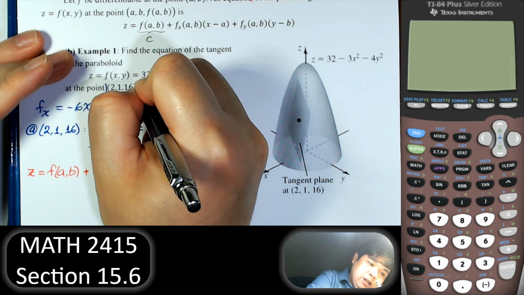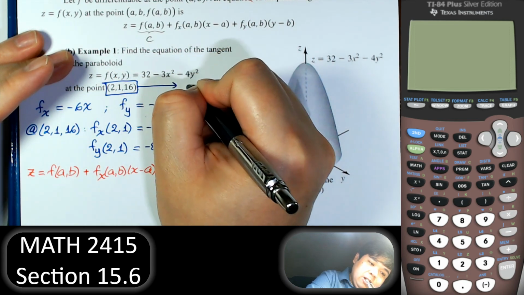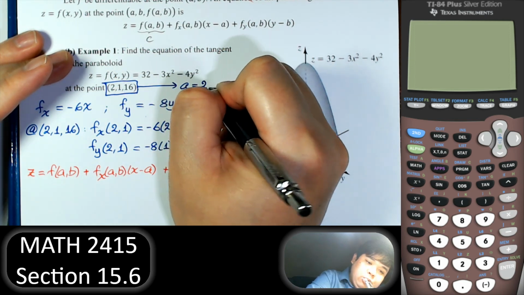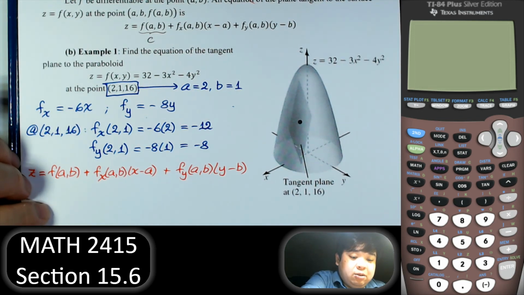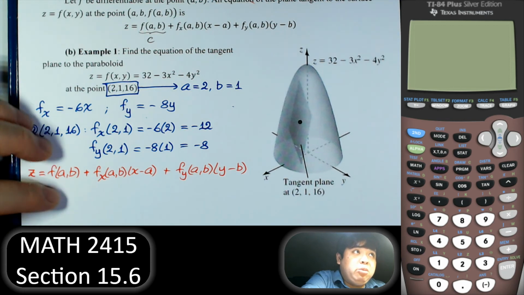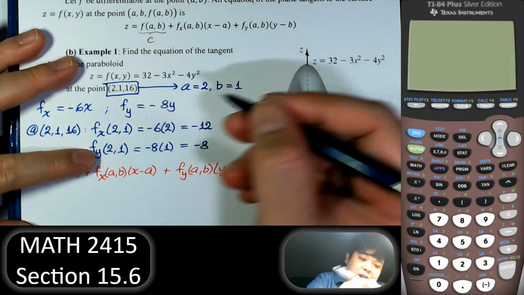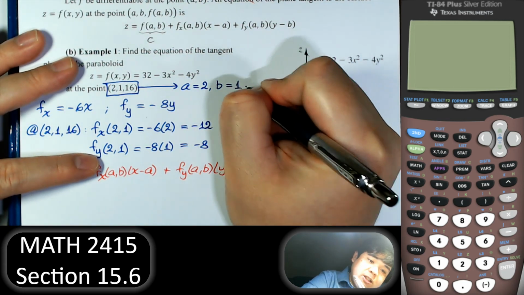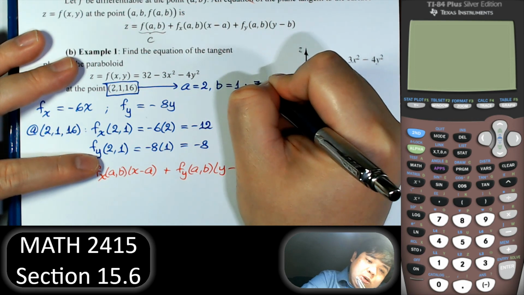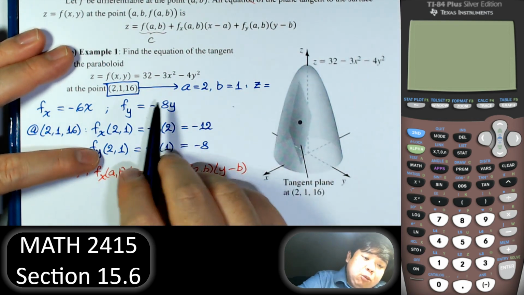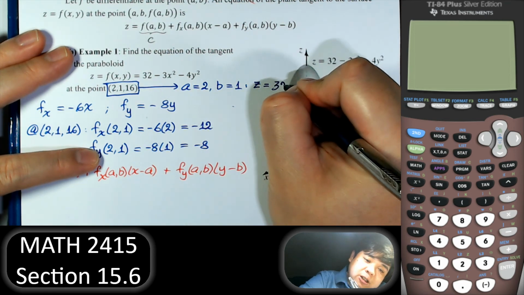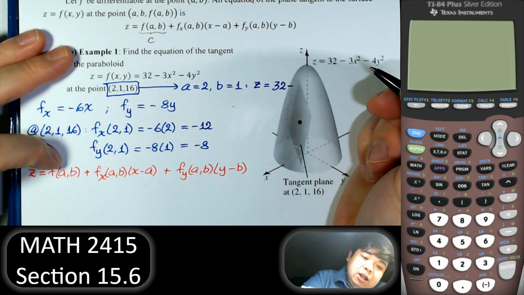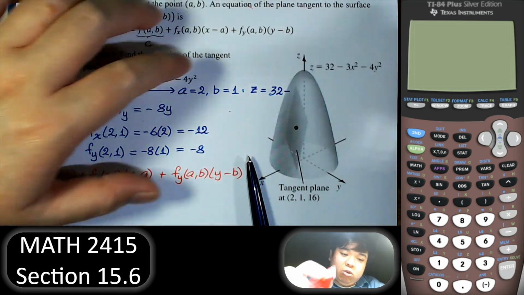From here, a is equal to 2, b is equal to 1. What is 16? Well, 16 is the value of the function when we put 2 and 1 in it. So we can check.